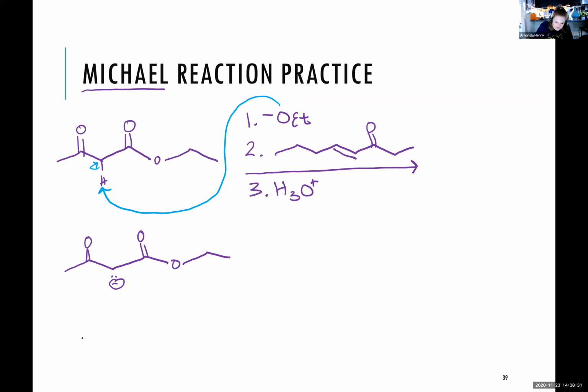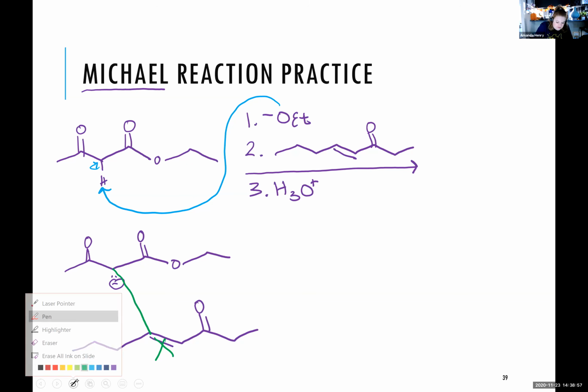And then I'm going to redraw my alpha beta unsaturated ketone, 2, 4, 6, 8, making sure I had enough carbons there. I'm going to draw my new bond in green. The new bond is going to happen from our alpha carbon to our beta carbon, and that double bond is going to go away.